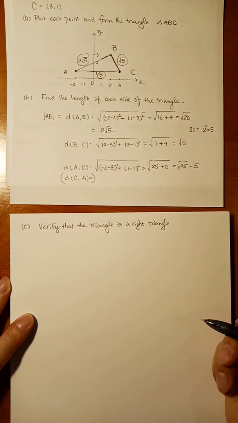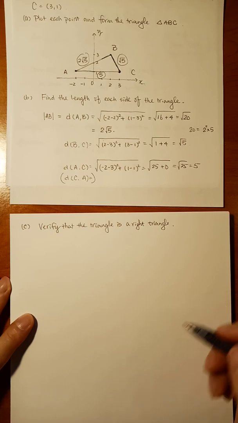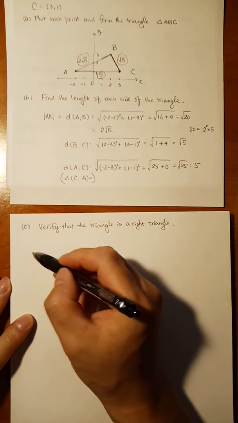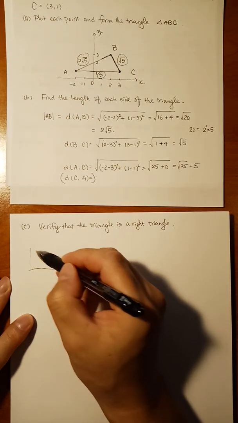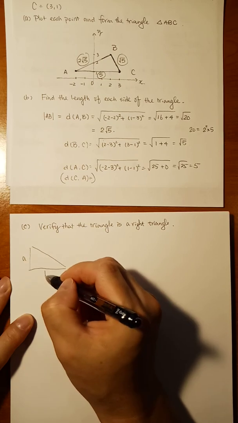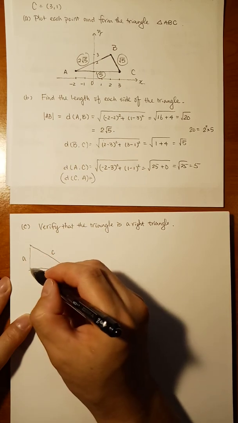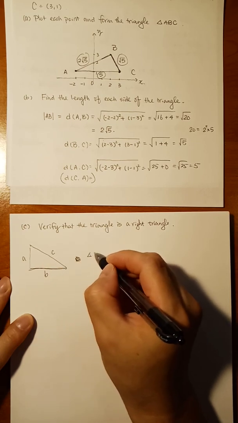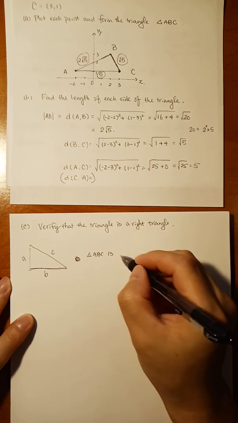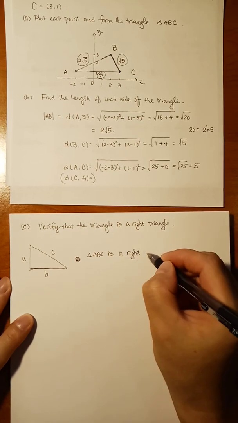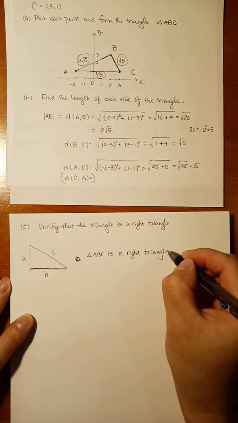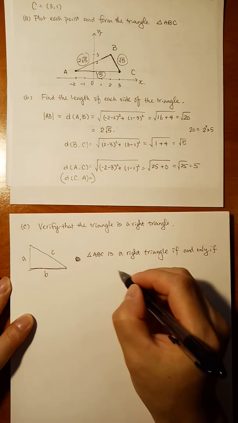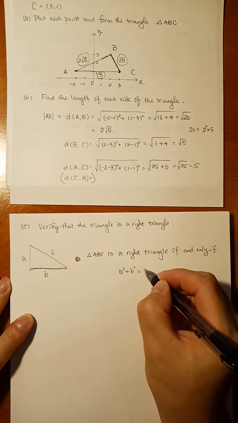How do we verify a triangle is a right triangle? Again, the Pythagorean theorem. We actually did not mention it completely at the beginning. The complete version is that if you have a triangle ABC, then this one is a right triangle if and only if a squared plus b squared is equal to c squared.